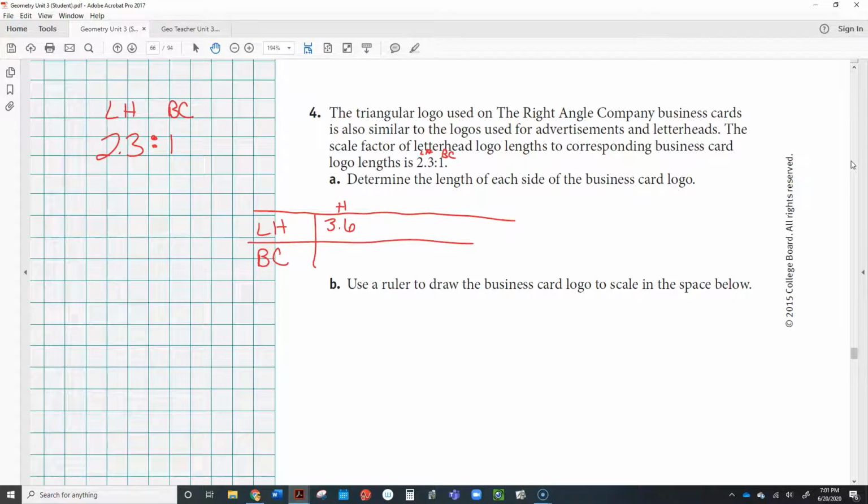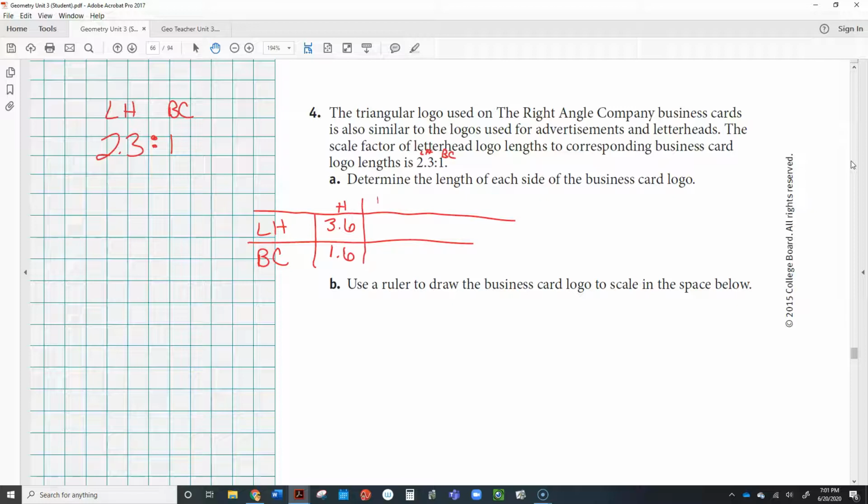If this one is 3.6, then take 3.6 and divide it by 2.3, and we get 1.6. Okay, and you can double check. If you take 1.6 and multiply it by 2.3, you should end up with 3.6, and I got 3.68. So okay, that was the hypotenuse.